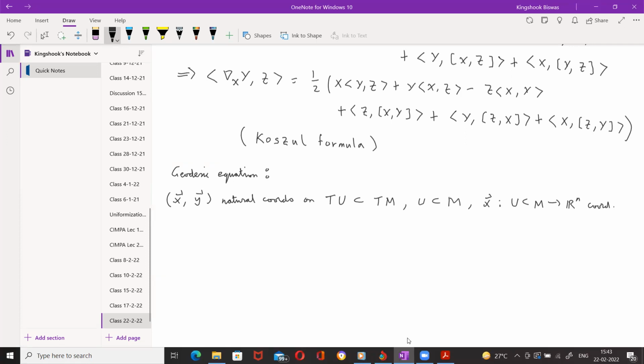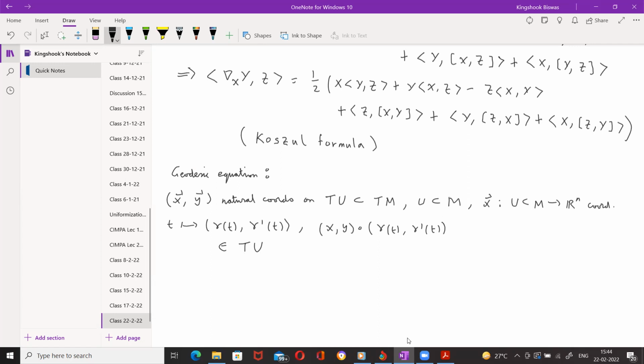Now, gamma, I look at t maps to gamma(t), gamma prime(t). Okay. So if I look at (x, y) applied to this tangent vector (gamma(t), gamma prime(t)), this is a tangent vector, this belongs to TU.